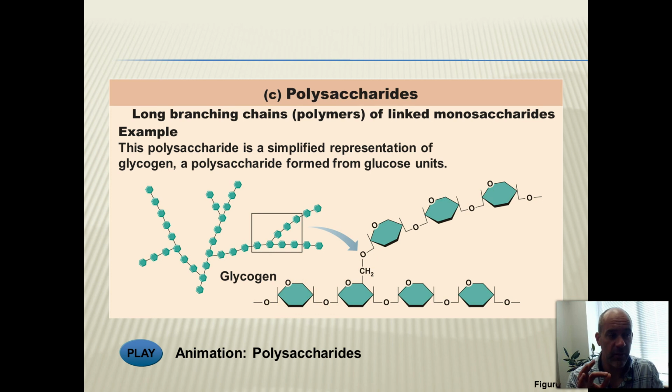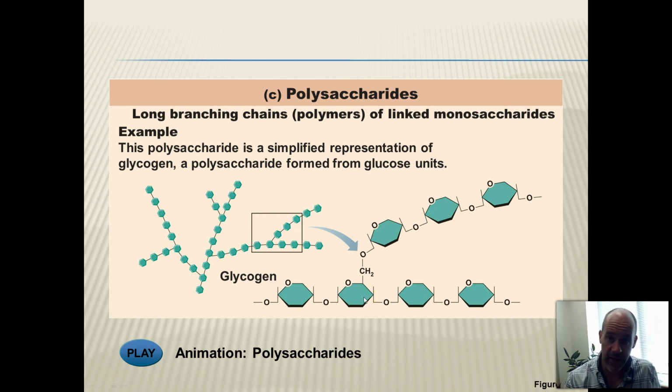So the cells in your liver and your skeletal muscles, your muscle cells, produce glycogen. Like if you have excess glucose sugars because you've just eaten a meal that's high in calories, high in sugar, high in carbohydrates, you'll have lots of these glucose sugars around, and so your liver and your muscle cells don't want to waste that sugar, so they'll take those excess glucoses and bond them together to make glycogen.